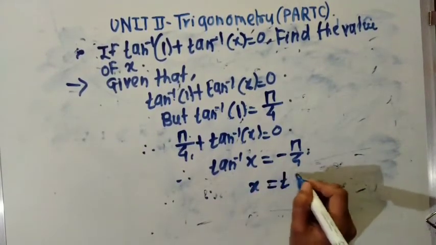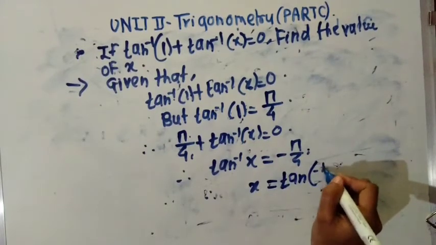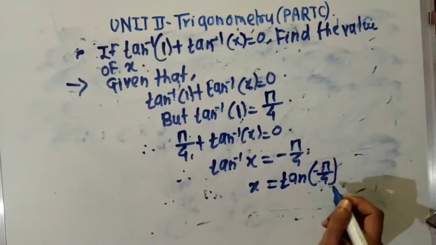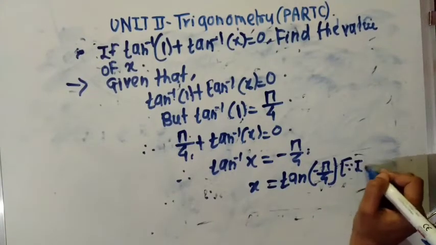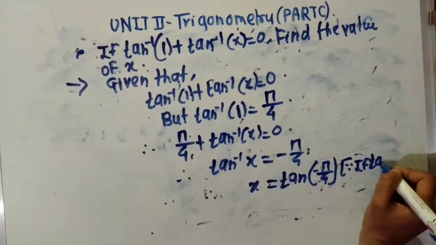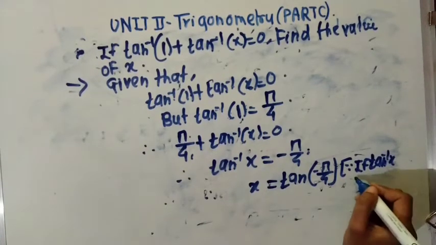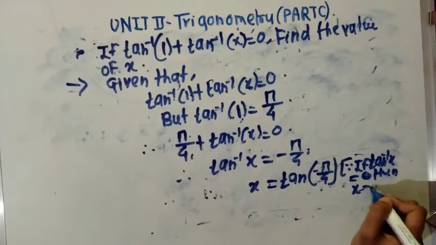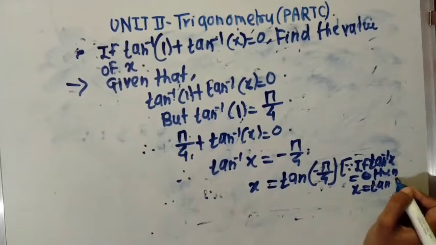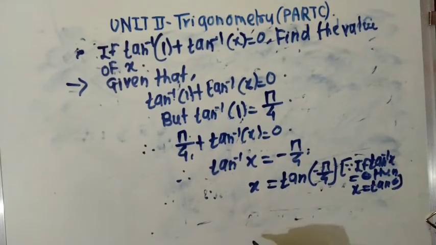tan of minus pi by 4. Since if tan inverse of x is equal to theta, then x is equal to tan theta.